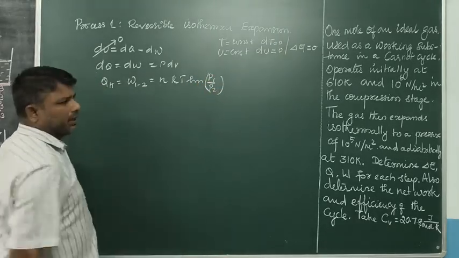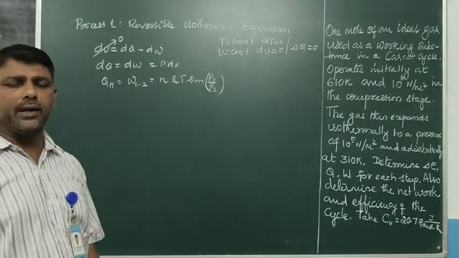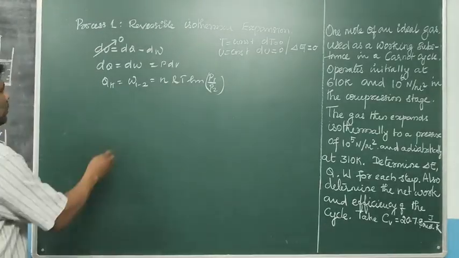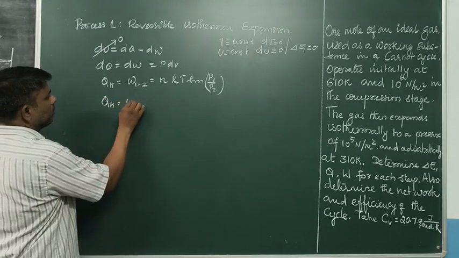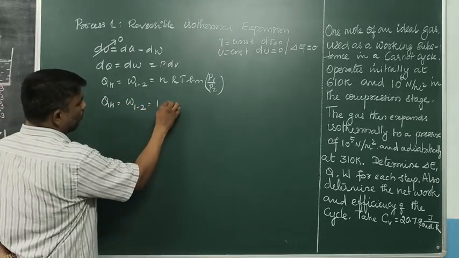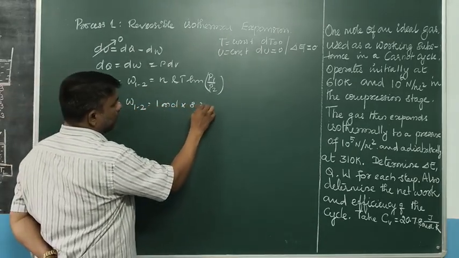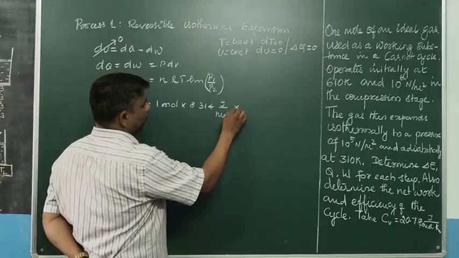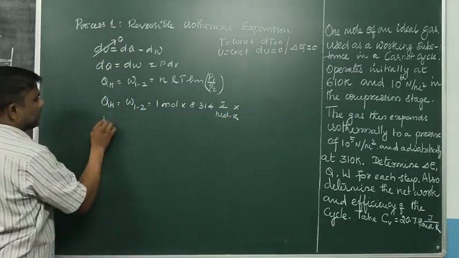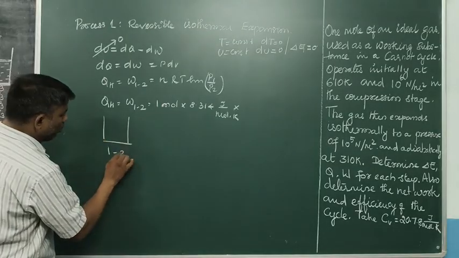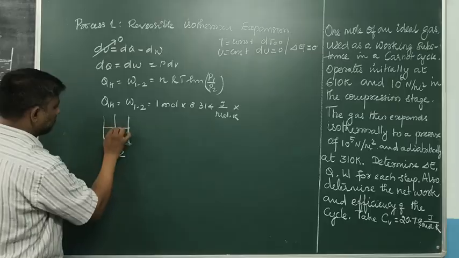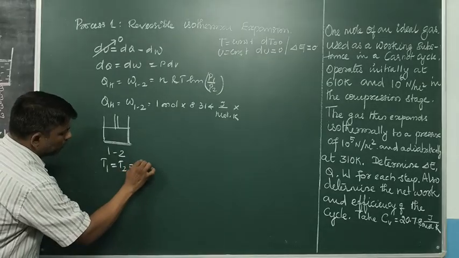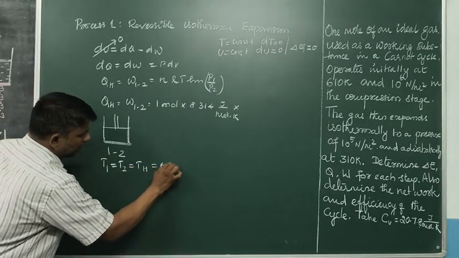This is the equation to estimate amount of heat added to the system from source or amount of work done by the system. So QH is equal to W1 to 2 is equal to 1 mole into 8.314 joule per mole degree Kelvin into temperature for a process 1 to 2, T1 is equal to T2 is equal to TH, that is equal to 610 degree Kelvin.